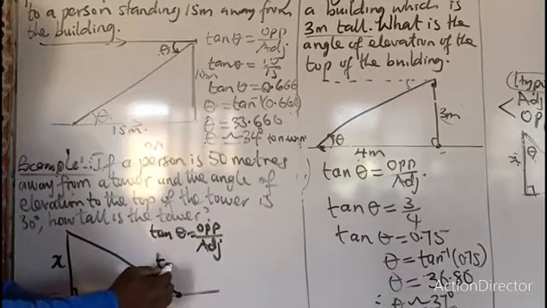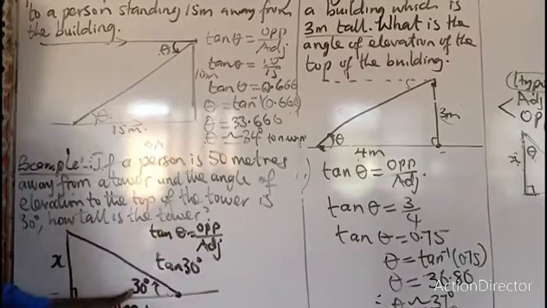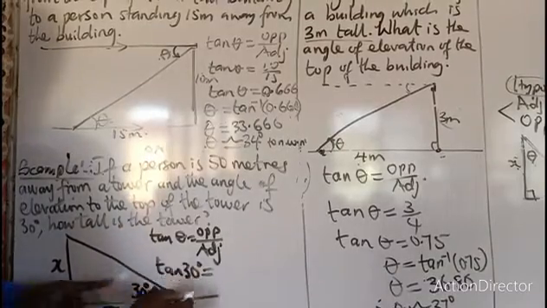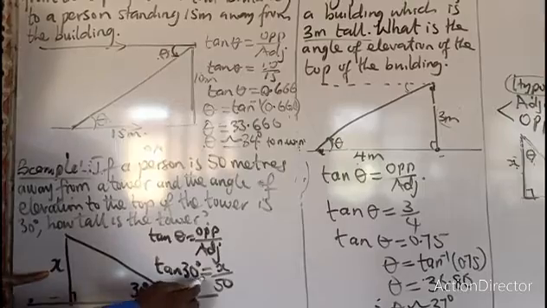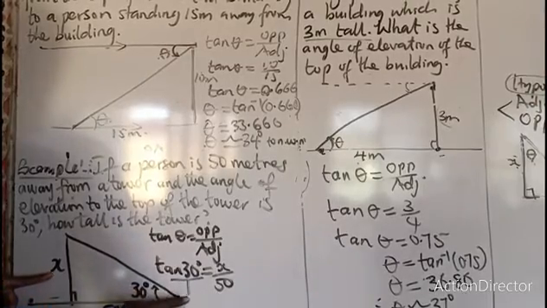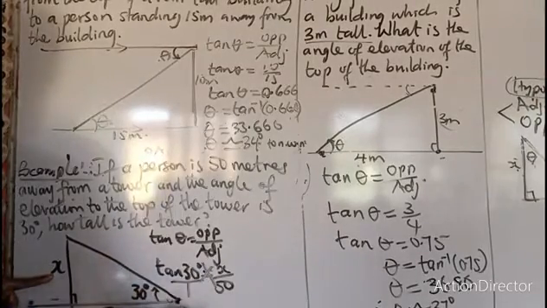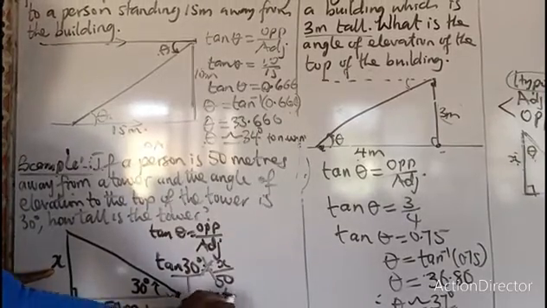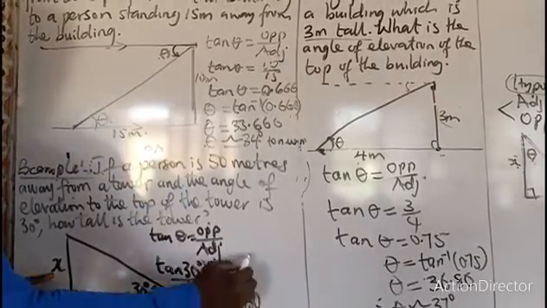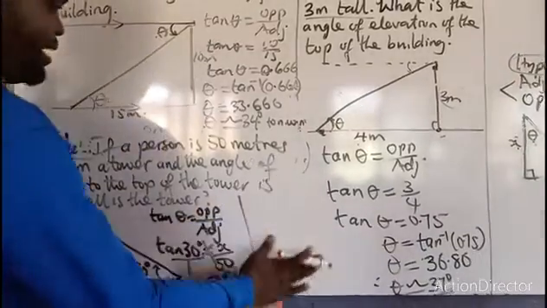So we say tan 30 equals X over 50. This one will be over 1, right? So what do you do? Multiply. That means X will be equal to 50 tan 30.